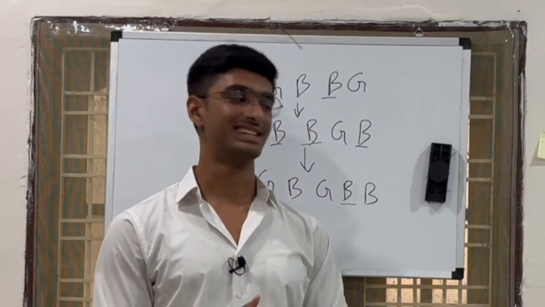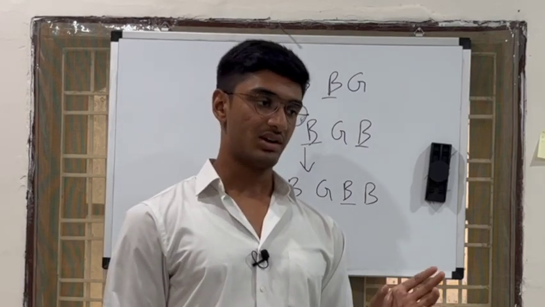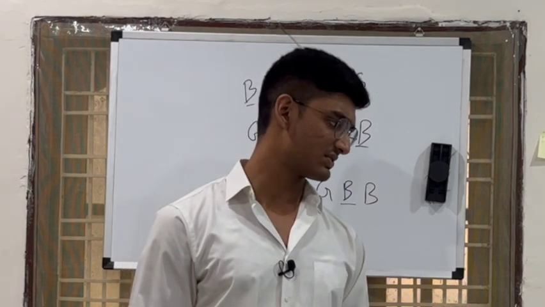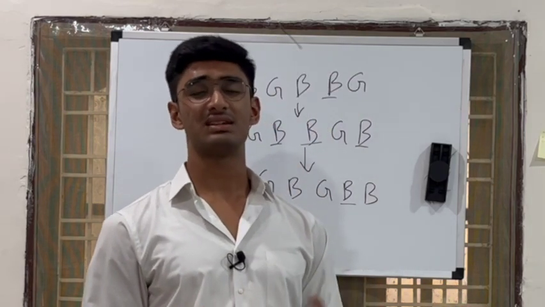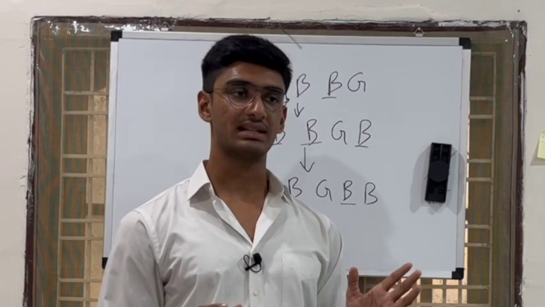In the constraints they gave you, the value of n and t will not exceed how much? 50. 50 is a really small number, first things first.